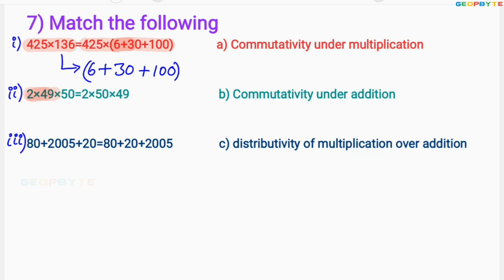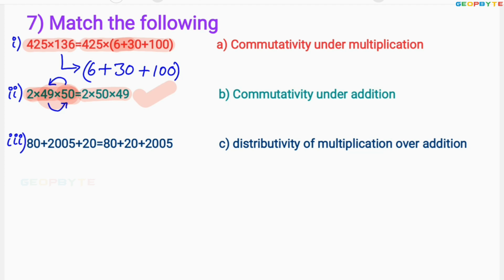2 multiplied by 49 multiplied 50 equal to 2 into 50 into 49. In the multiplication, these two numbers are interchanged. Since these two numbers are interchanged in the multiplication, that kind of rearrangement is called commutativity under multiplication.